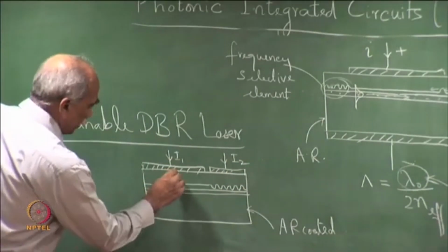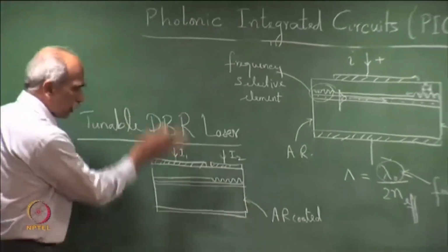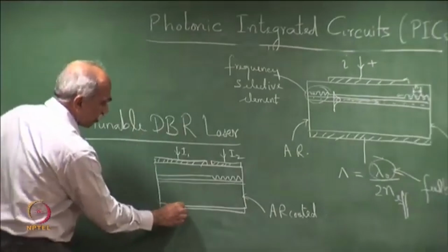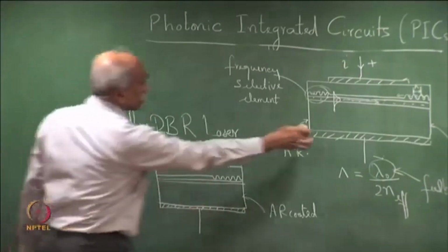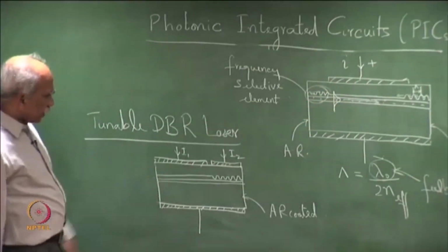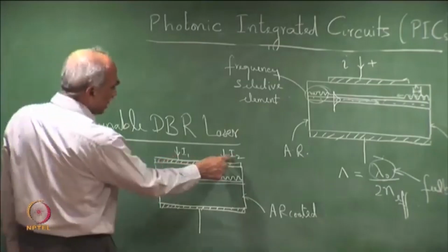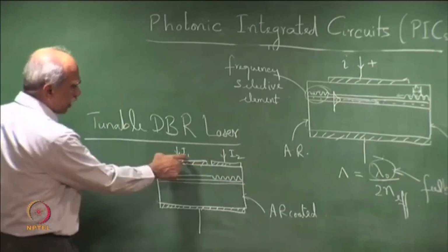Again, the longitudinal cross section of the device. This is what we had already discussed, and here we have a device where we have two currents passing through the same device. There are two electrodes.